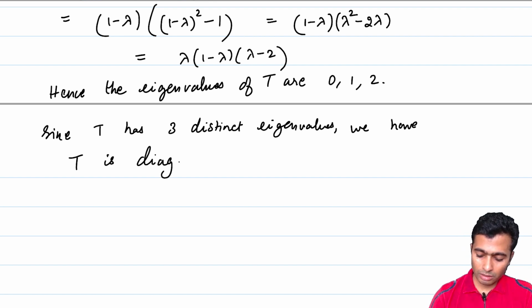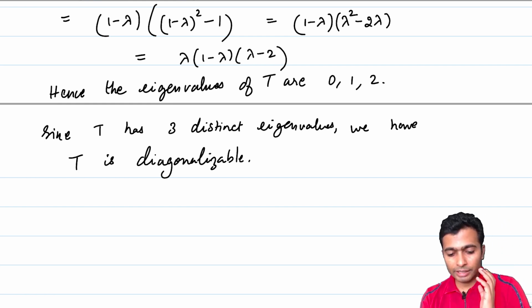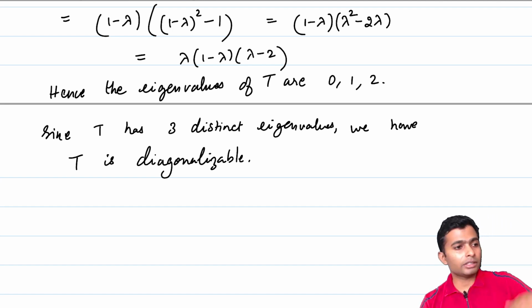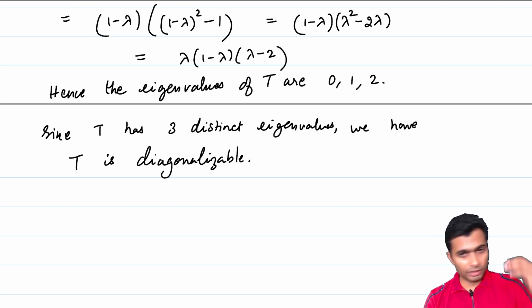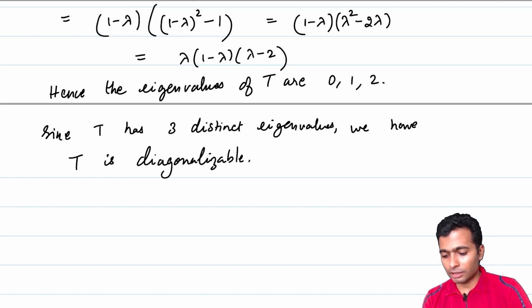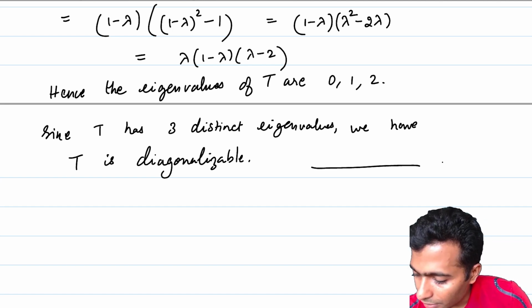So the first example was not diagonalizable in the problem that was given. However, if we tweak the problem, change the vector space to P2 of C, which is a vector space over C, and define the linear operator T similarly, then it turns out to be diagonalizable. And the third problem is a linear operator which indeed is diagonalizable. So with that, we complete the first problem.